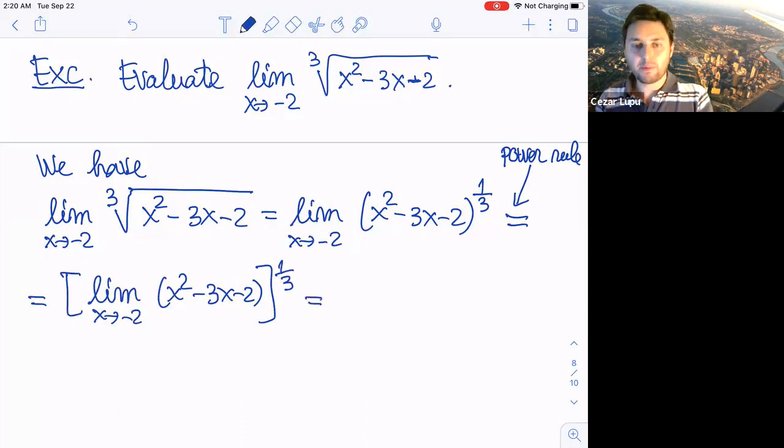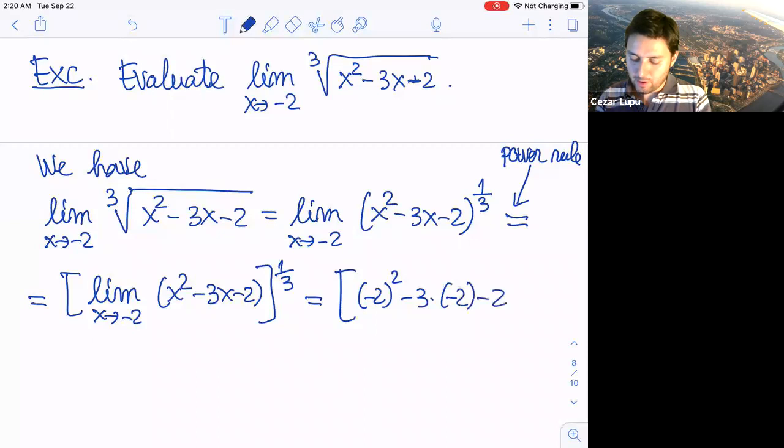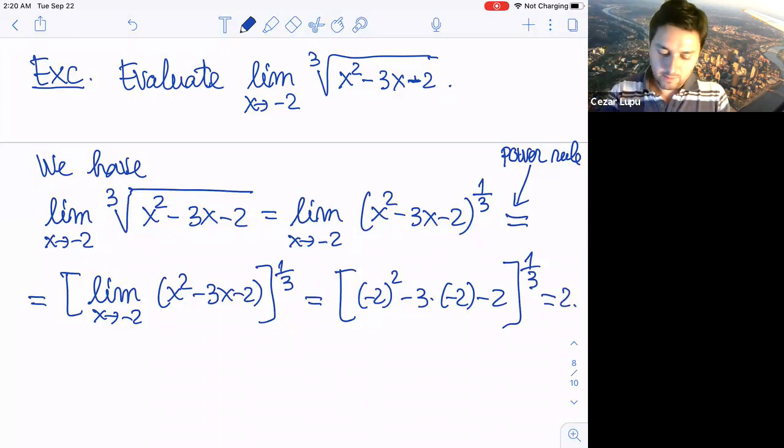And now we're just going to plug in, so this would be -2 squared minus 3 times -2 minus 2, everything to the power 1/3, and after some computation this will be equal to 2. Let's see exercise 1. Let's see now exercise 2.